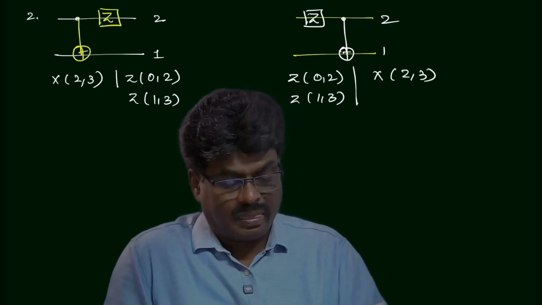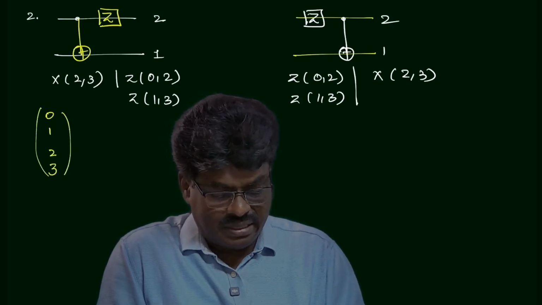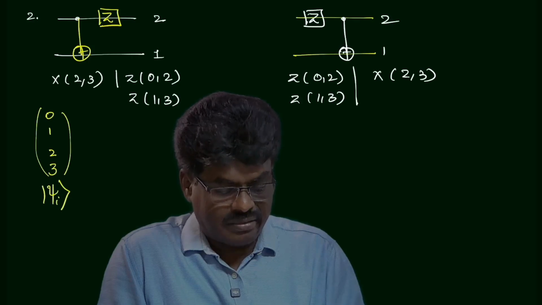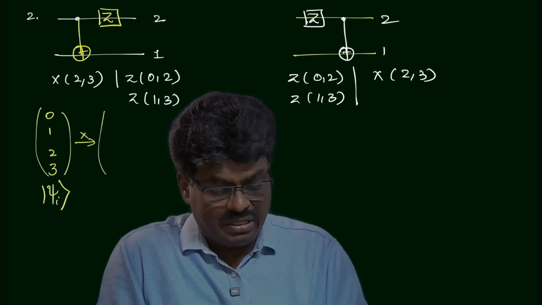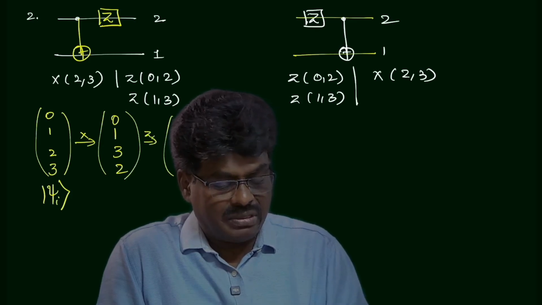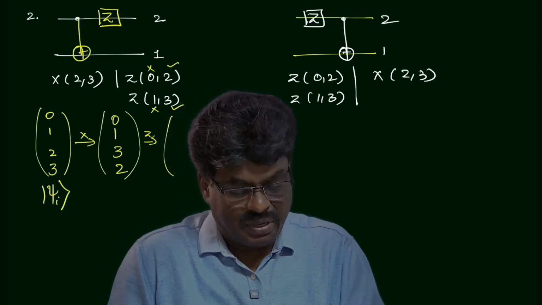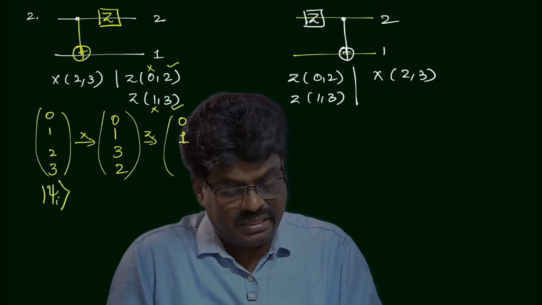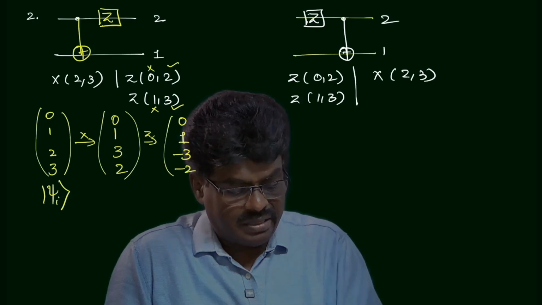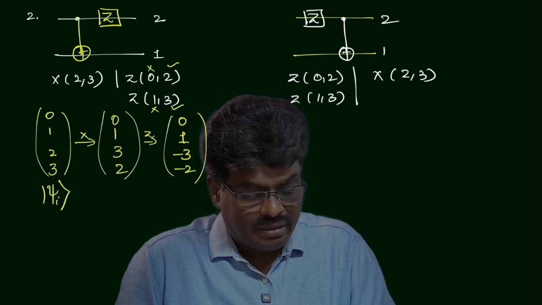Now let us take 0 1 2 3. This is the initial state. First x operation, 0 1 3 2. Next z operation, these two are off, these two are on, that's why 0 1 as it is, minus 3 minus 2. Now let me check the second one.